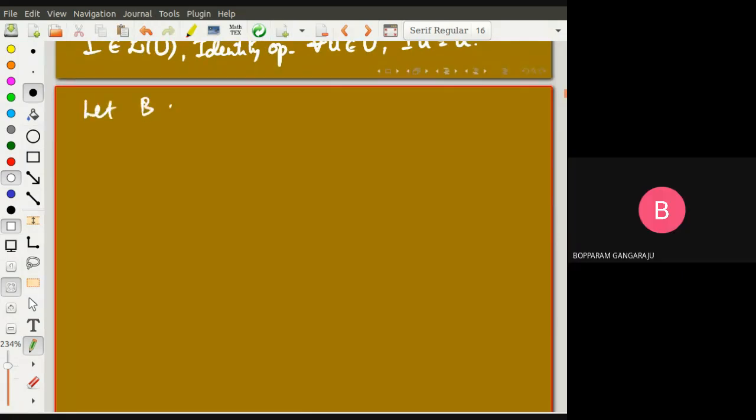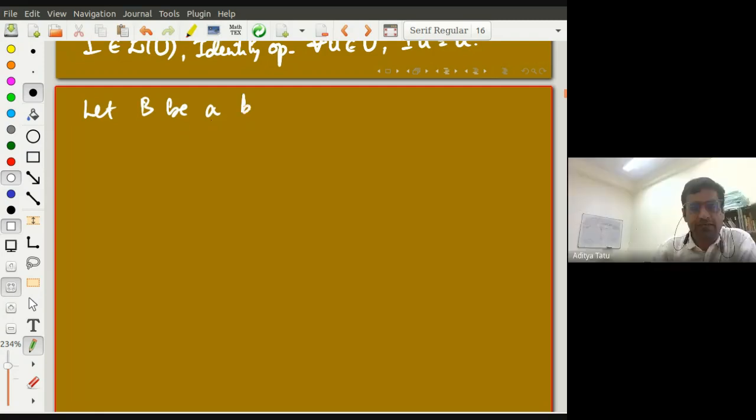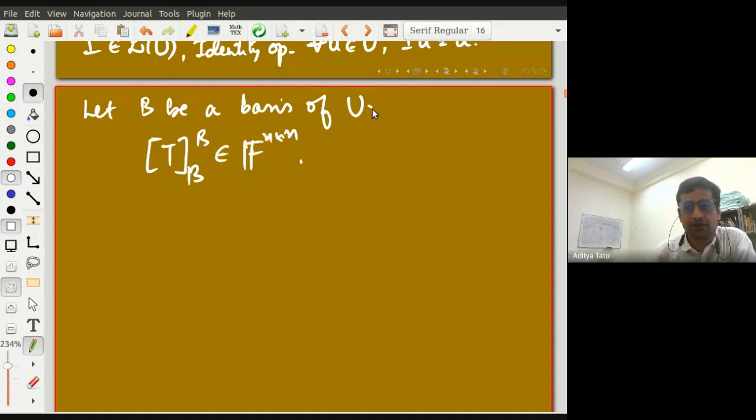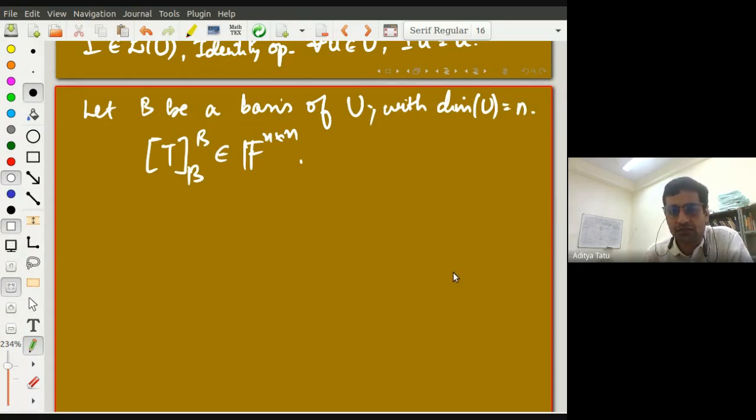If T is square, how can T minus lambda I be defined if lambda I is not square? Just a minute. Let B be a basis of U. I'm saying T_BB will always be a square matrix.